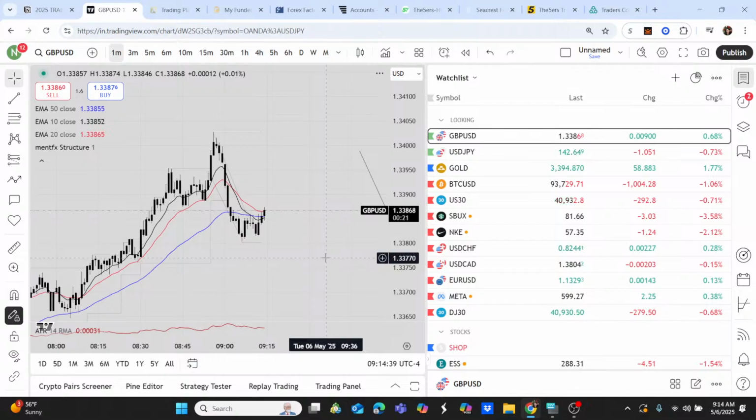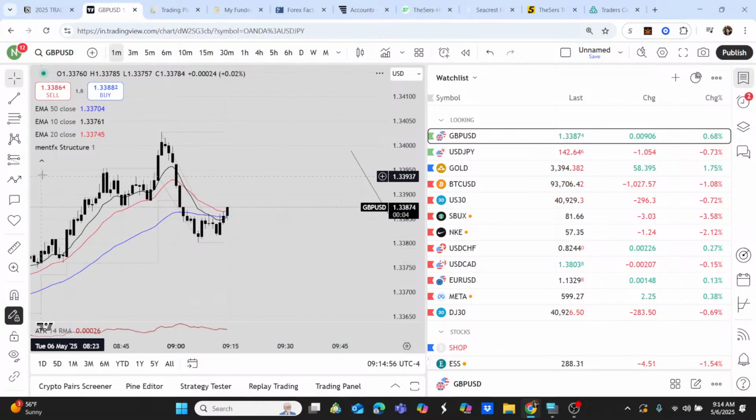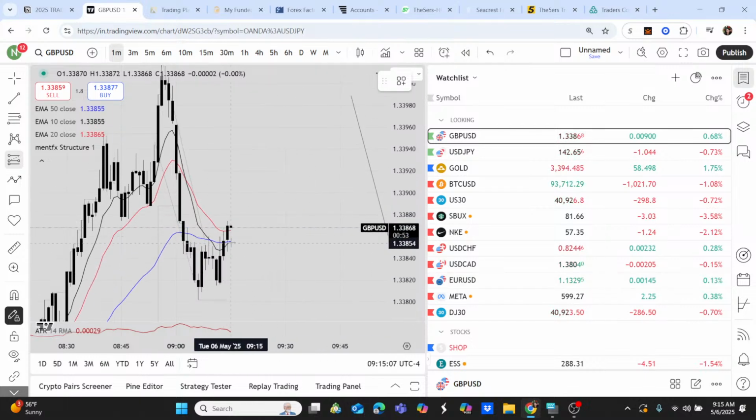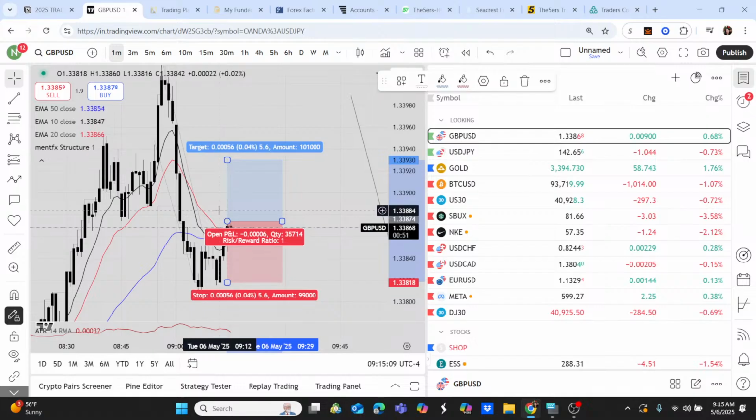All right, so price is starting to do a bit of a move. Let's see if price can close above that 20 right here. Okay, let me prepare something here. If price can pause and it doesn't re-break through that, the last line of defense in this case would be the 10 right here, because it's flipped.